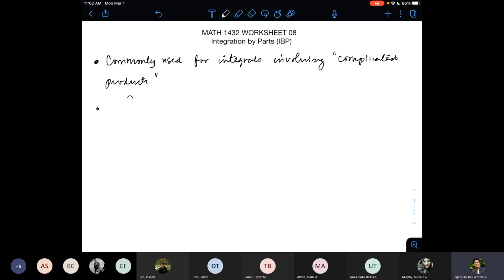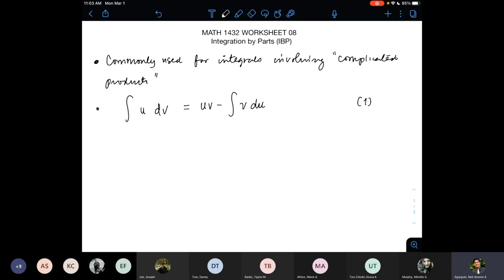And it says that if you have such an integral, you'll have a u dv, you want to integrate u times dv, then the formula says it is equal to u times v minus the integral of v du. Let's call this formula 1. This is basically what you need to remember for IBP. So the integral of u dv equals uv minus the integral of v du.